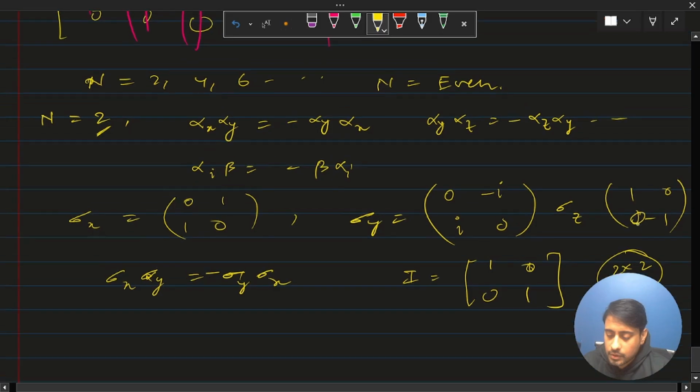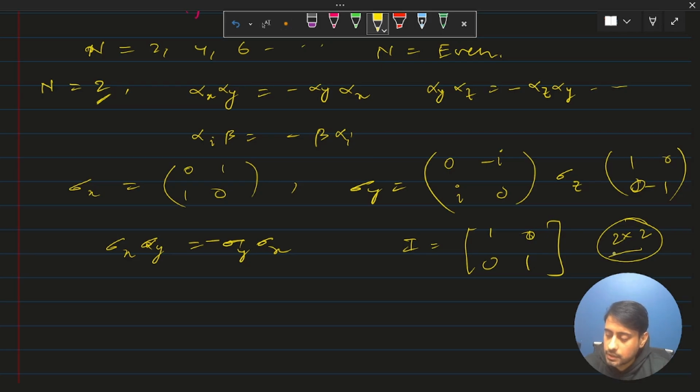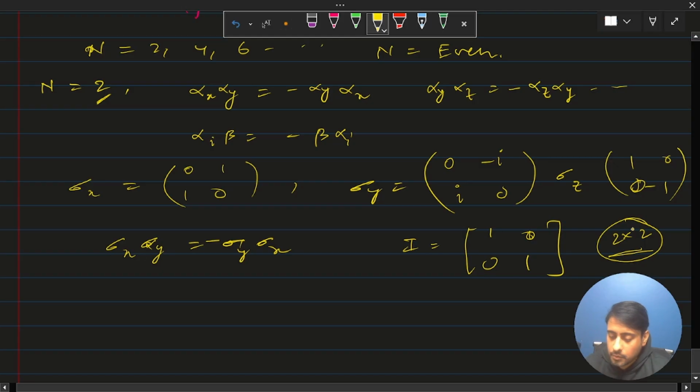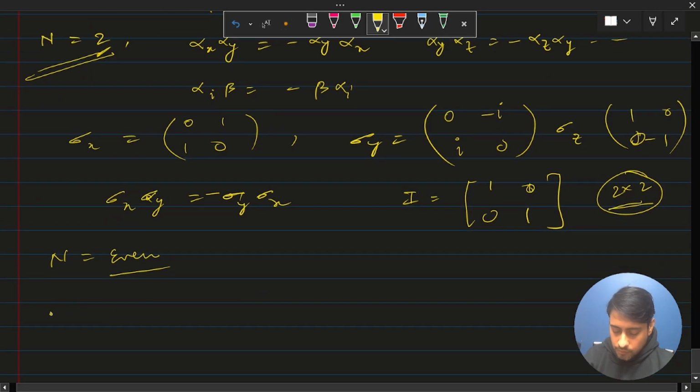But you know that there are only 3 anti-commuting matrices here. We know that n should be even, so we have to leave this n equal to 2 case, and we cannot take n as 3, so the minimum value for n can be 4.